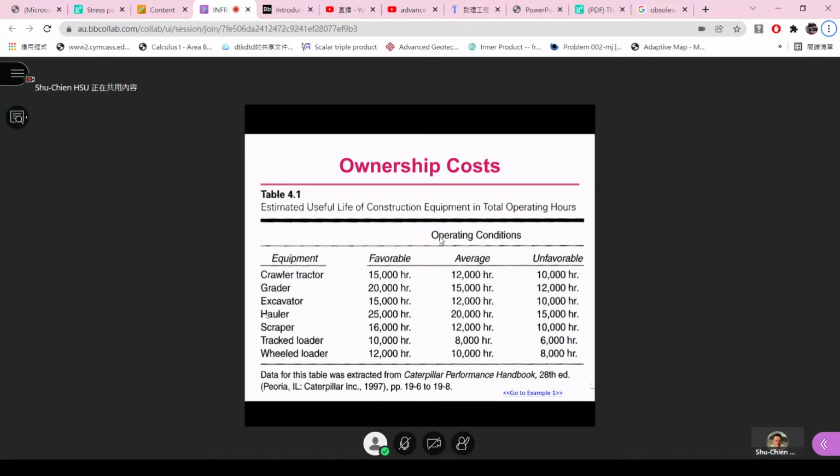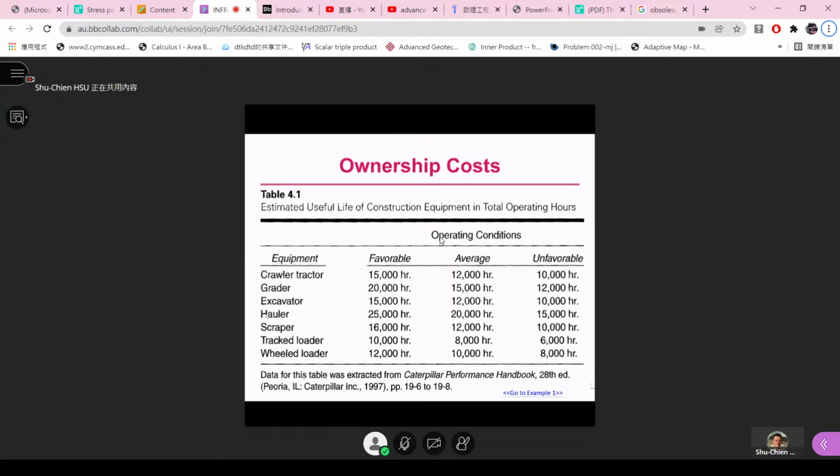So this is the operating condition that they can tell you about the estimated useful life of the construction equipment in total operating hours. So once your company wants to buy, they can look at the guideline or the handbook provided by the manufacturer. If they want to buy the crawler tractor from Caterpillar, then they can have the sense that if they bought this, in average condition it should be 12,000 hours, not years. 12,000 hours.